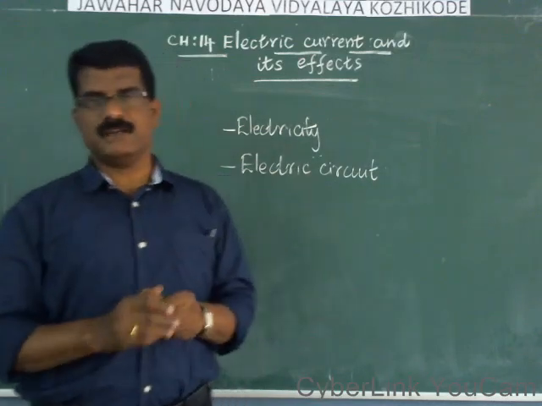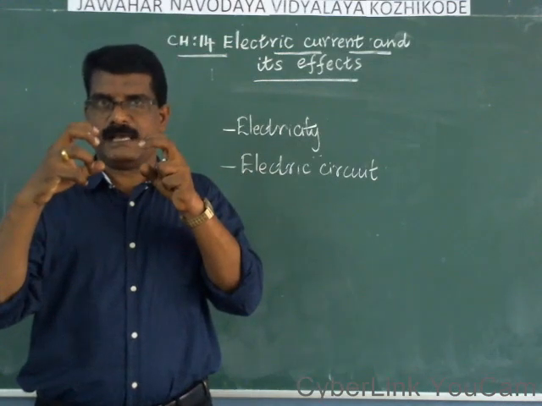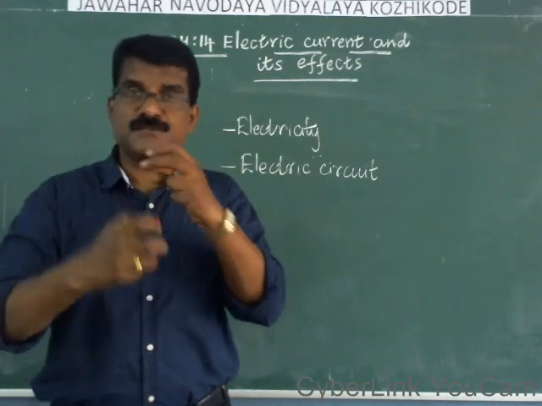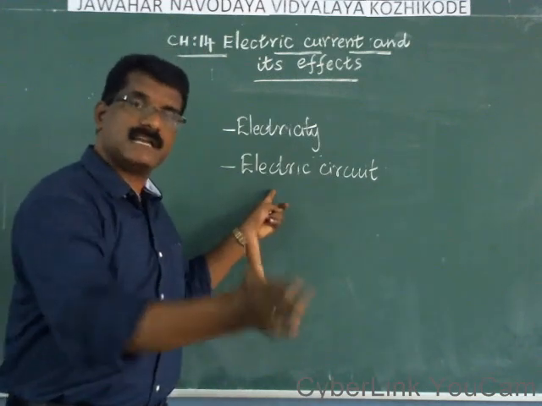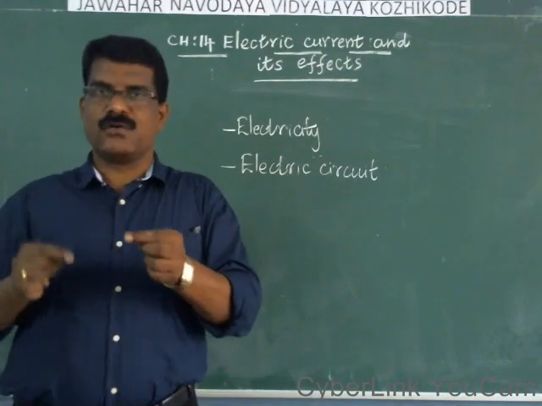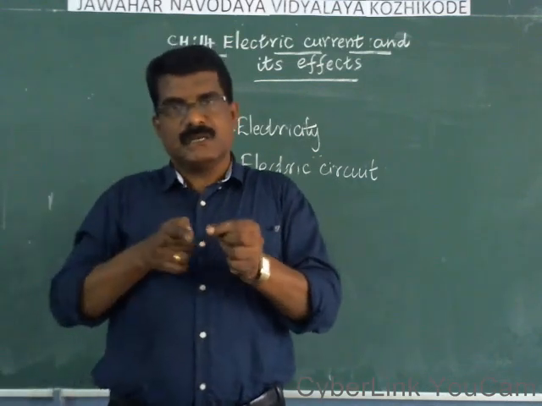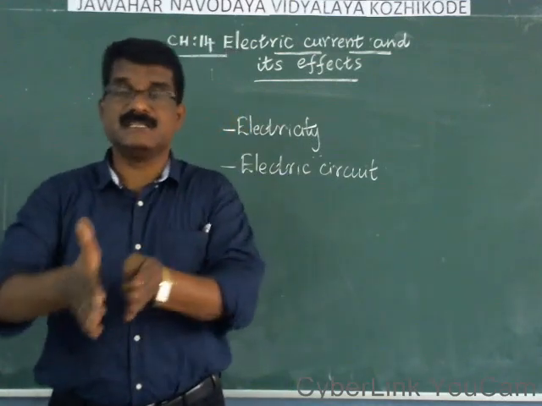In this chapter, we will discuss some of the symbols which are used for representing the electric circuit, and how the electric current flows. The electric current flows starting from the switch, through the wire, through the bulb, in various ways.